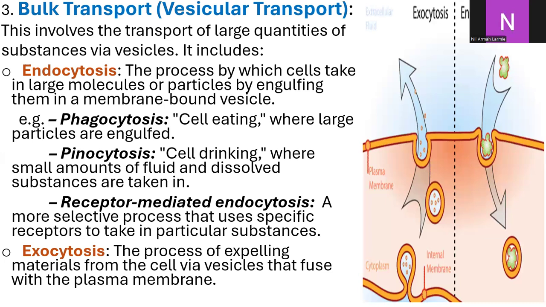The cell is expelling materials via the same vesicle out of itself. And that is exocytosis. Now, these are described as bulk transport methods. Usually, this is not used in drugs, but it can be used depending on some factors.